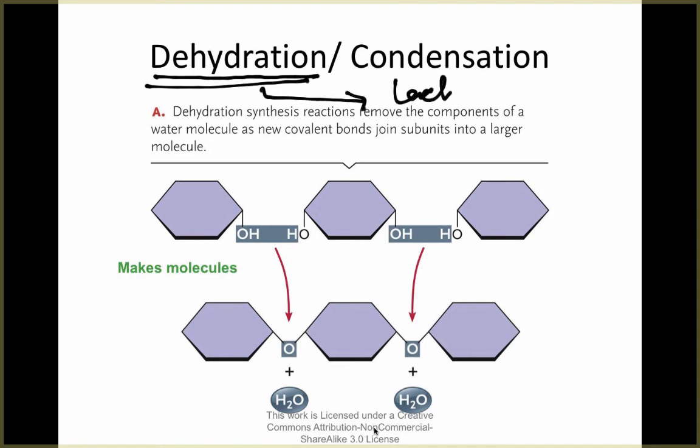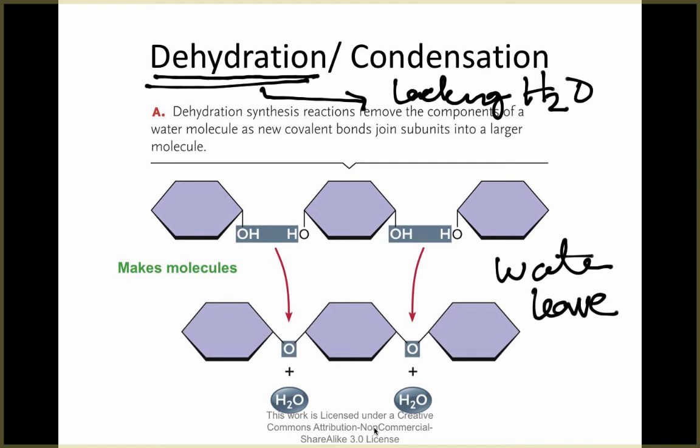Lacking water, right? Well, this is a reaction that basically means water is going to leave. So if you see, these are representations of monomers, which are those individual building blocks. So you have a monomer here, a monomer here, and a monomer here.